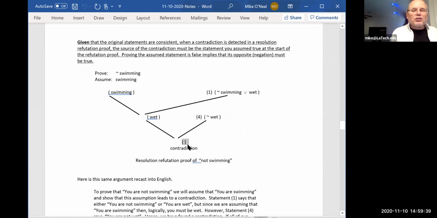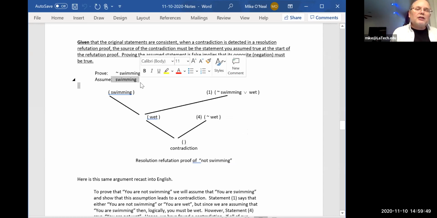If you get a contradiction, which you're not guaranteed to do, but if you get a contradiction, then you can know that swimming, the thing that you just said, caused the contradiction, because we're assuming that before you added this thing, everything was true and consistent, right?